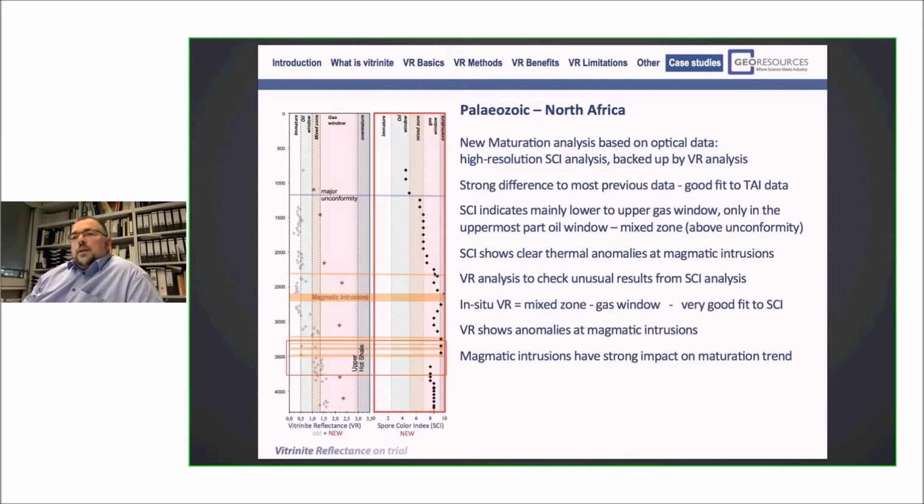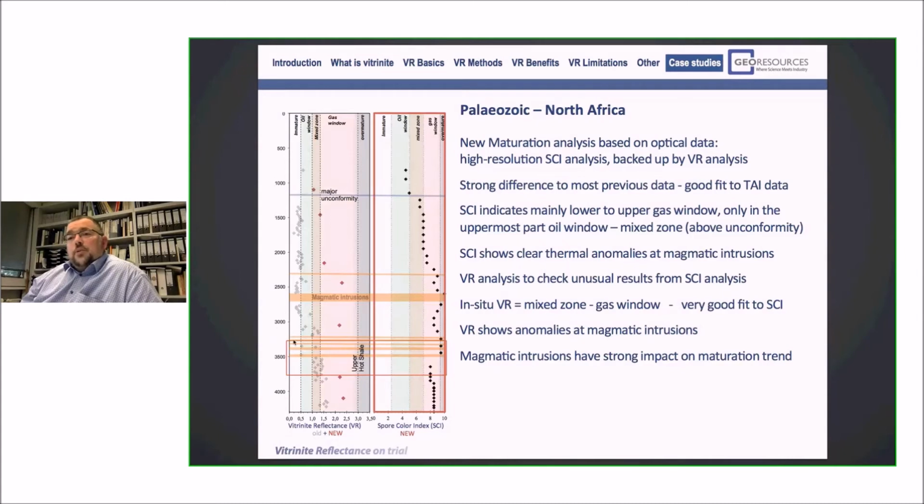To back up these spore color indices, because color indices are very often not taken seriously in industry, and very often viewed as doubtful, we took some samples for vitrinite reflectance, which are here, the red ones, which show very similar trends compared to the spore color index.